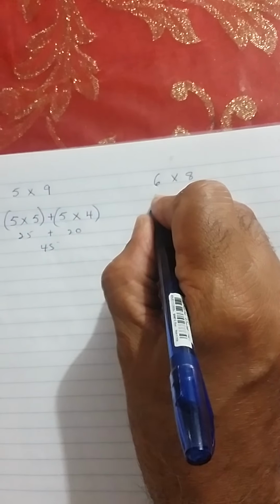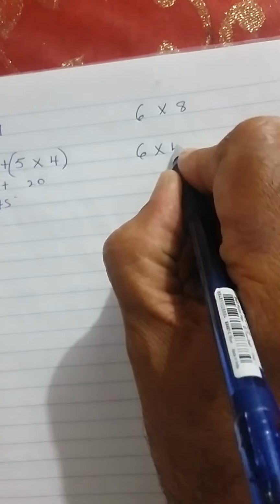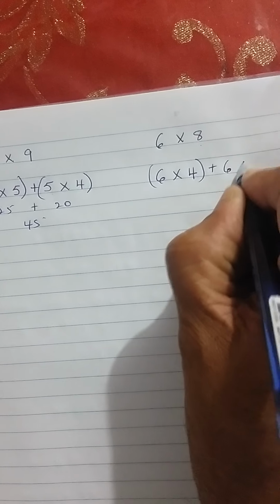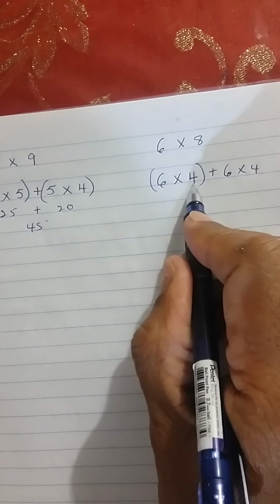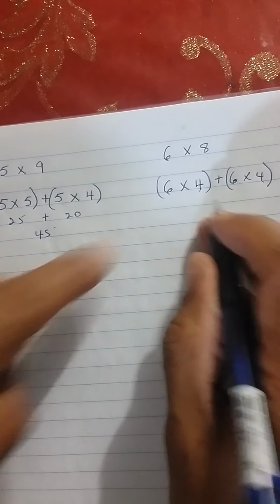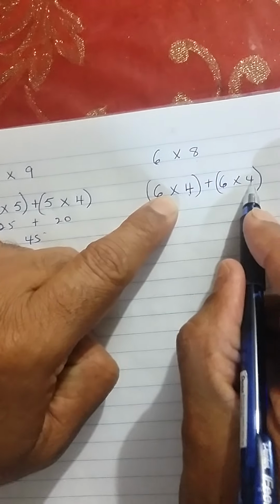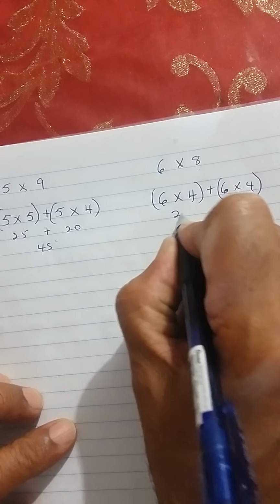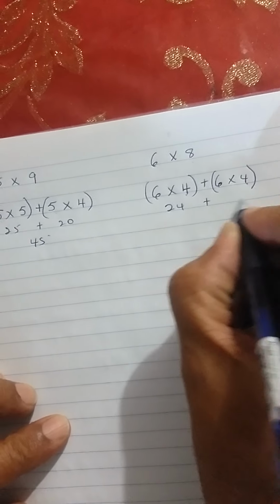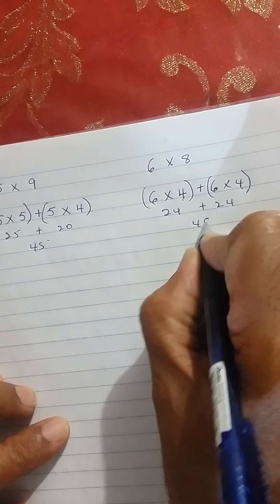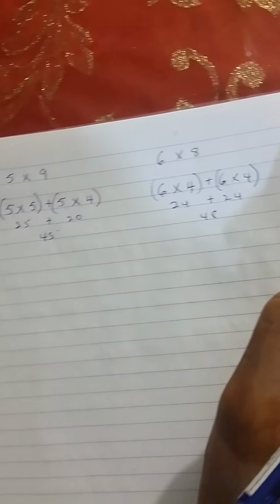I suggest we say 6 times 4, because I know my 4 times table, and another 6 times 4. Remember, this 4 and this 4 will give you 8. So 6 fours are 24, and 6 times 4 is another 24. And when we add 24 and 24, we get 48.